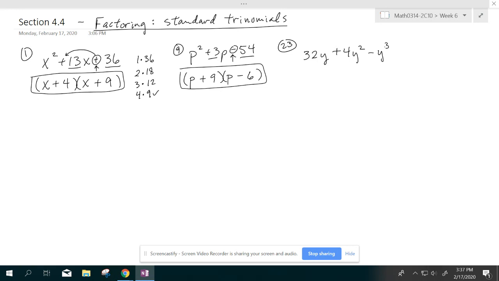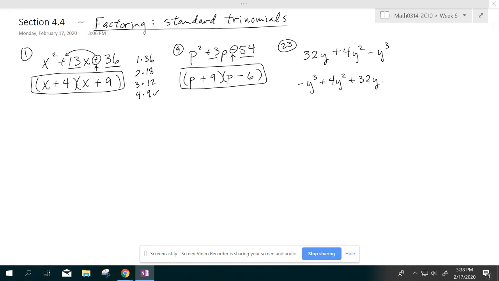How many terms are there? Is it in descending order? Uh-oh. First step, rewrite it. So the minus y to the third goes first. Next. Plus 4y squared. Next. And so now that's in descending order.